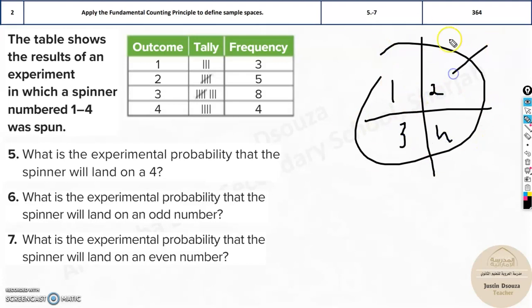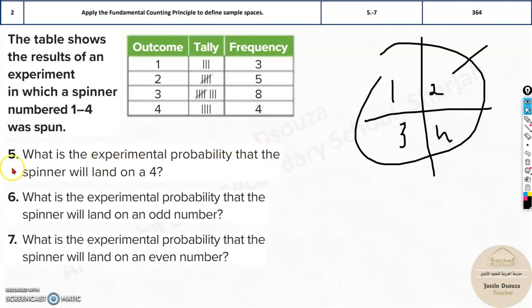You're just spinning and there's a marker. So where it lands. So frequency of 3 times it landed on number 1, whereas 5 times on 2, 8 times on 3, and lastly 4 times on 4. Frequency means how many times. You can count the tally as well.